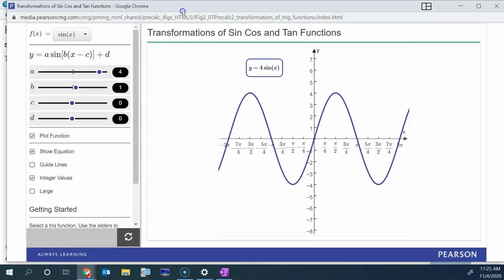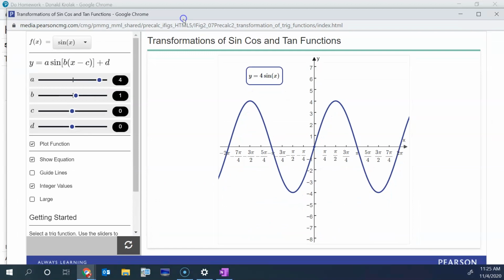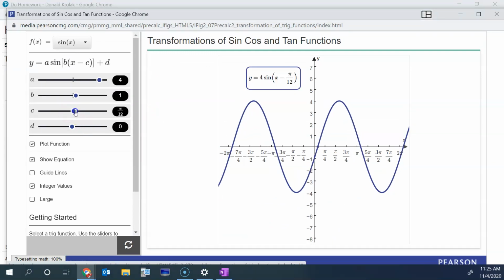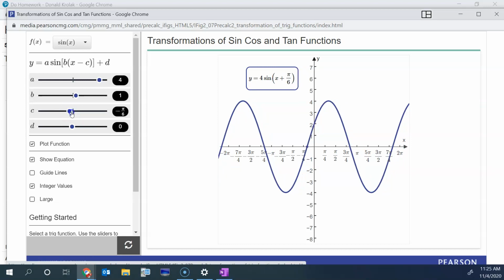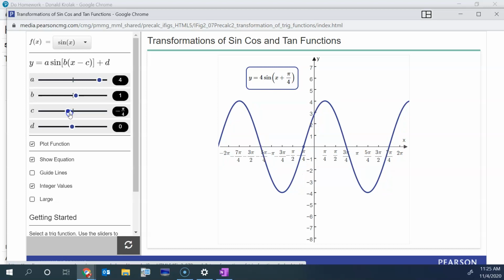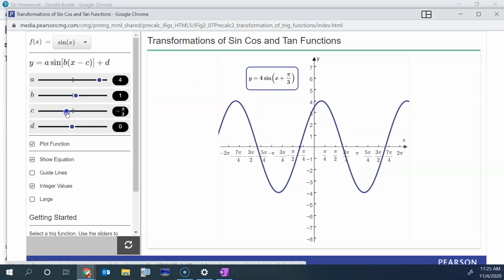And now I'm going to make C negative pi over 4. So as I move it to the left, negative pi over 12, pi over 6, pi over 4. And that's what it did. So you can see it slid it pi over 4 to the left.